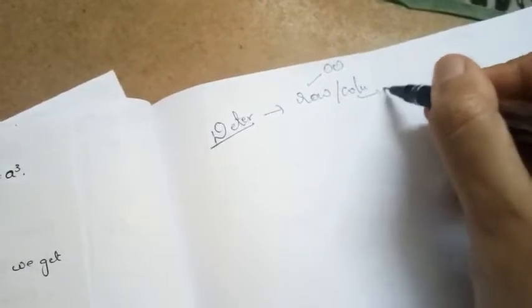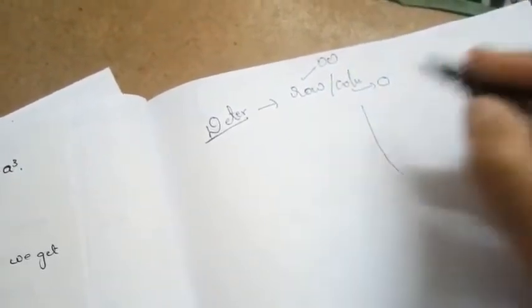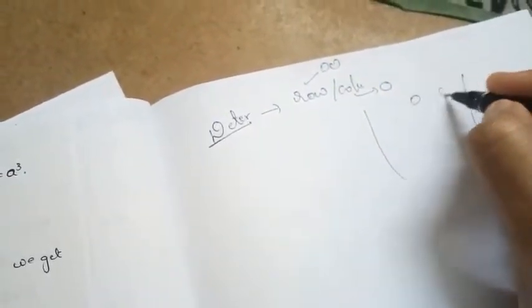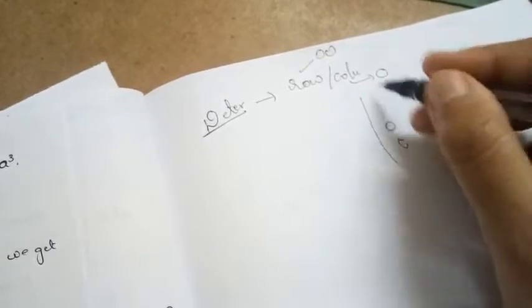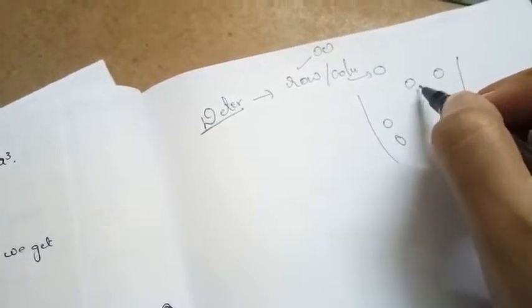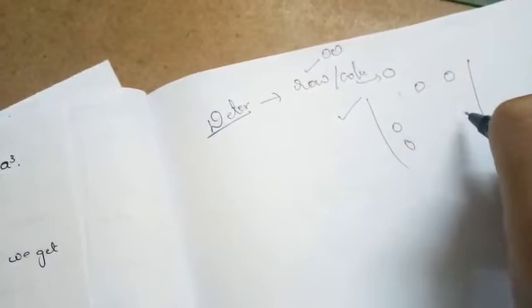If I make two elements of the first row, or two elements of one column, equal to 0, then we can expand along R1, and the expansion will become easier. So I am using the same trick here, by using some row operations.